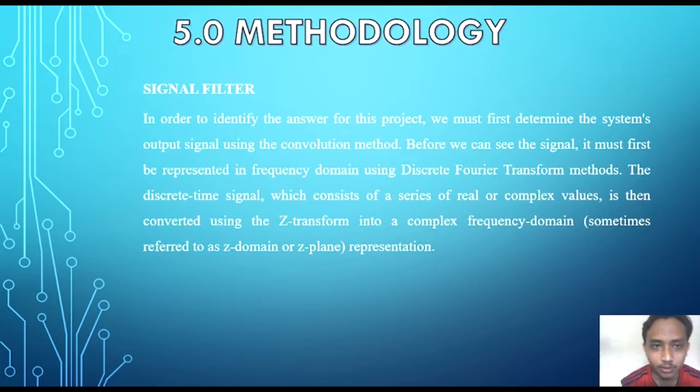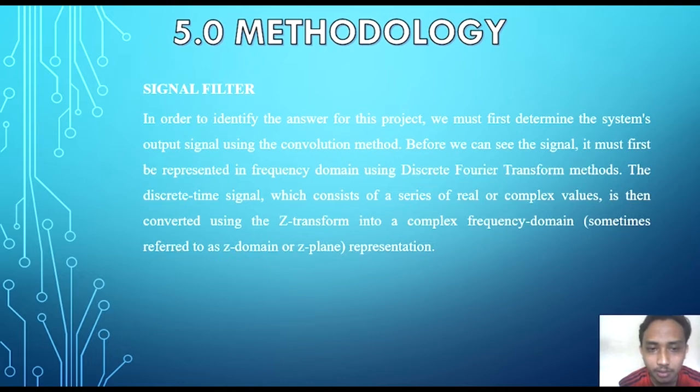Okay, first is signal filter. In order to identify the answer for this project, we must first determine the system output signal using the convolution method. Before we can see the signal, it must first be represented in the frequency domain using the discrete Fourier transform method.